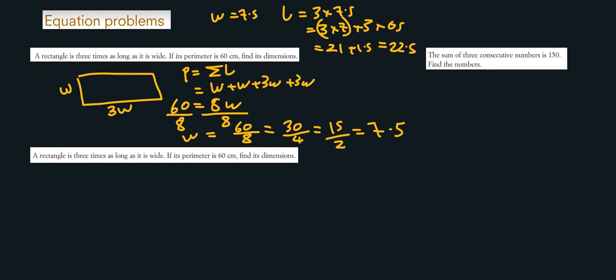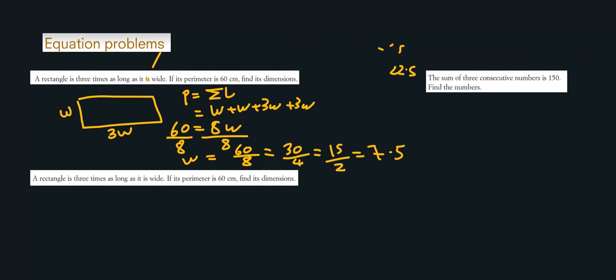Oh, we've calculated the area. Mr. Winston's gone mad. So we can test that by doing w plus w plus 3w plus 3w. So 7.5 plus 7.5 plus 3 times 7.5 plus 3 times 7.5.